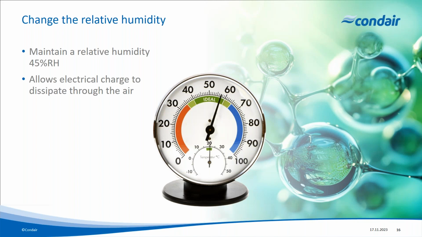So when we humidify the air, we're increasing the moisture content in the air. And if we increase that moisture content across the static threshold, which is around 45% relative humidity, then that imbalance of electrons that's built up in an object from it coming into contact and separating, coming into contact and separating, and generating that static charge can use the water molecules in the air to conduct to the earth.